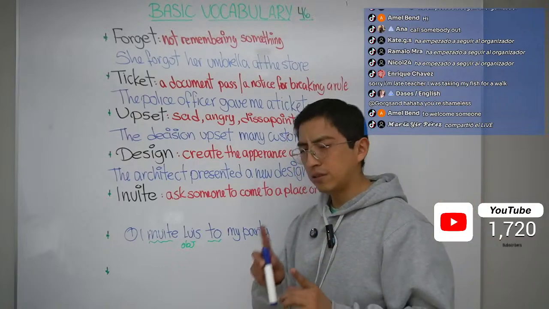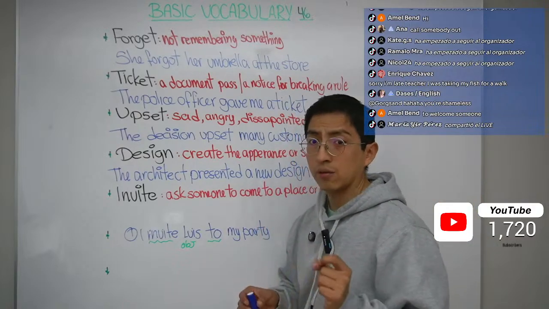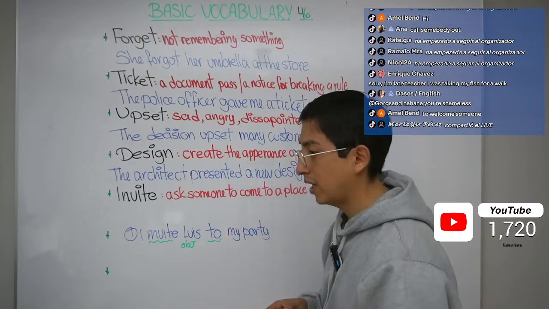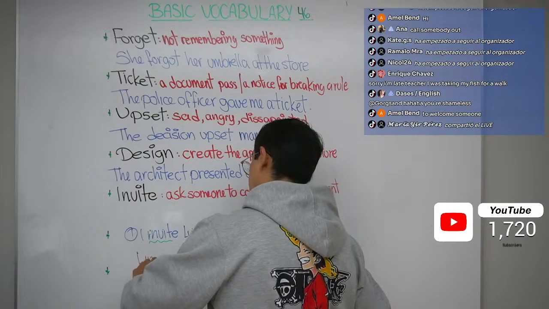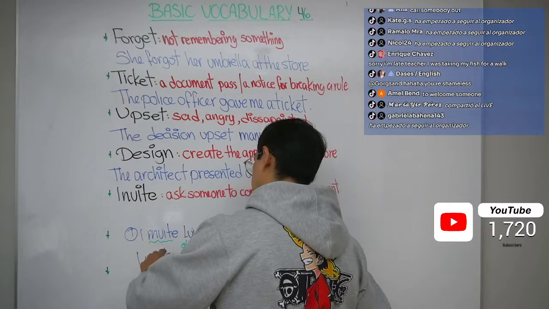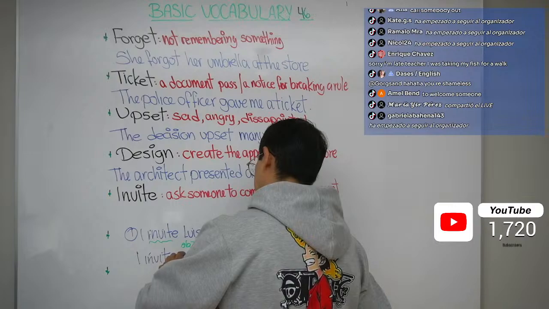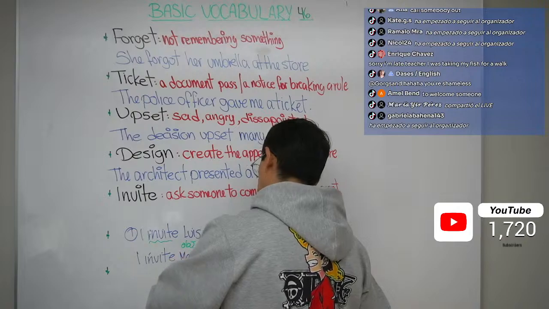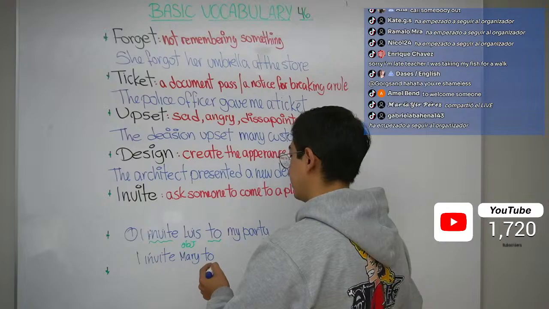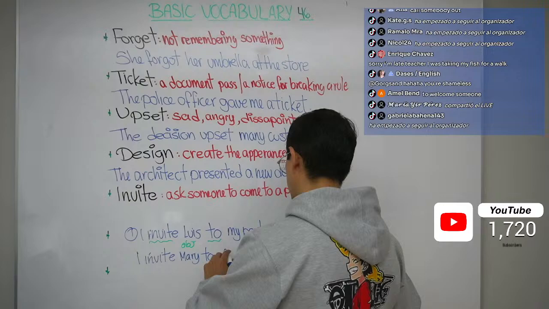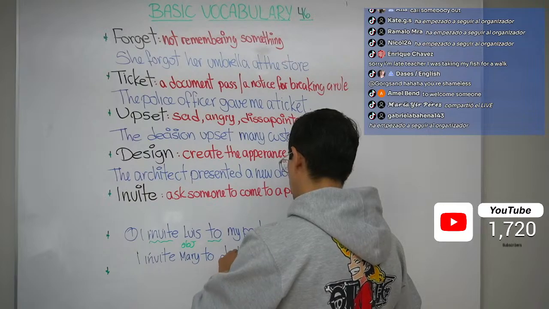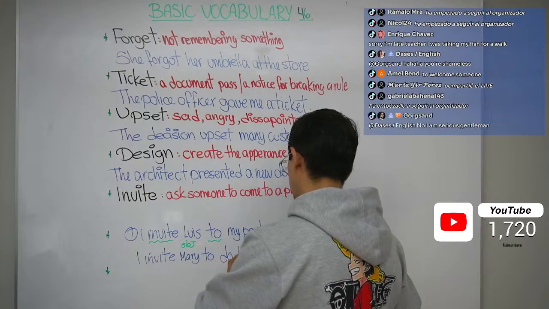Now, the second way to use this is with a verb. It's the same. We can say, I invited maybe Mary to do the homework together, no?